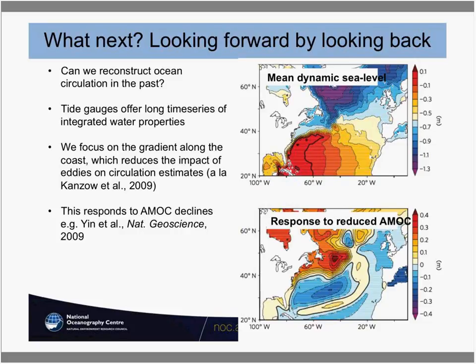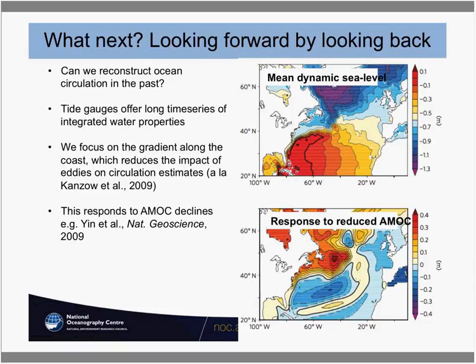So you've got the high water around the subtropical gyre, and then the dip of the waters in the subpolar gyre. Now, with a reduced AMOC, this gradient really does change quite substantially. It causes us to look at the change in the gradient north and south of Cape Hatteras.